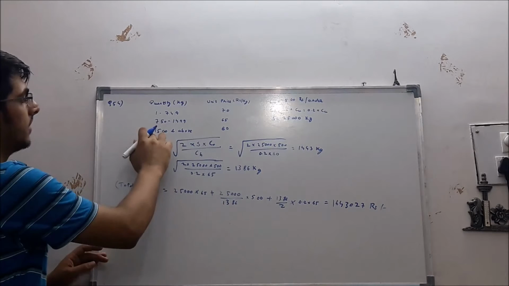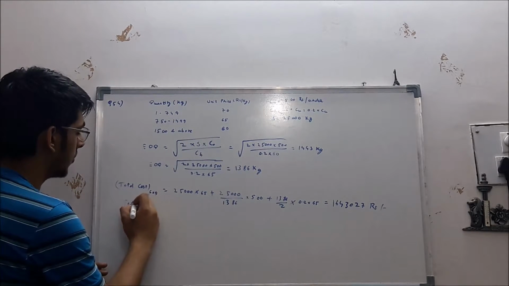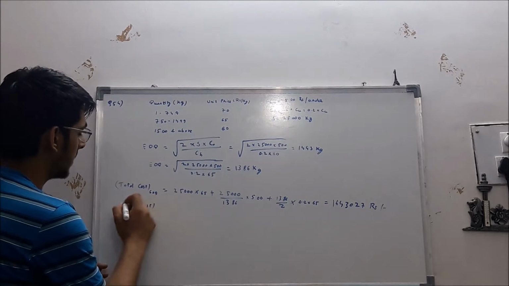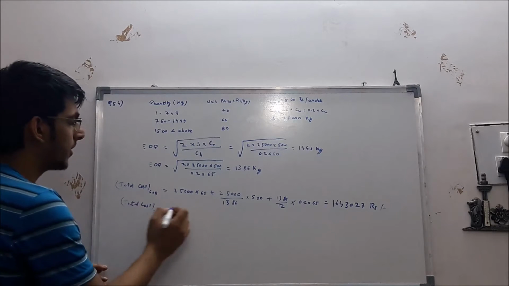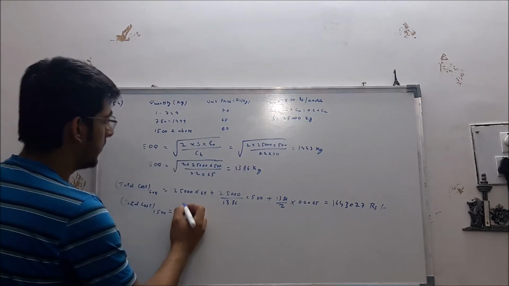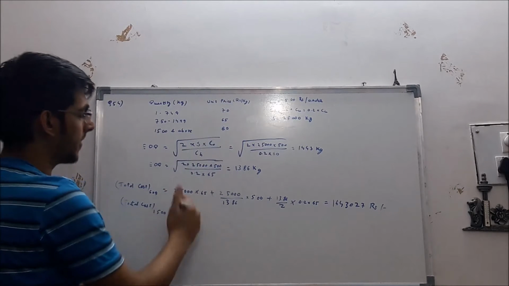Now we will find cost for exactly at 1500 kg. Total cost if our order quantity is 1500 kg. This was for economic order quantity. We are doing this because at 1500 kg we will get minimum unit price.